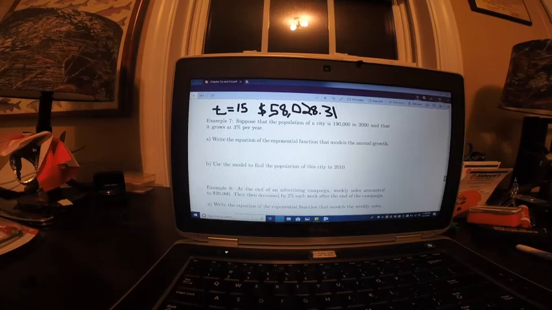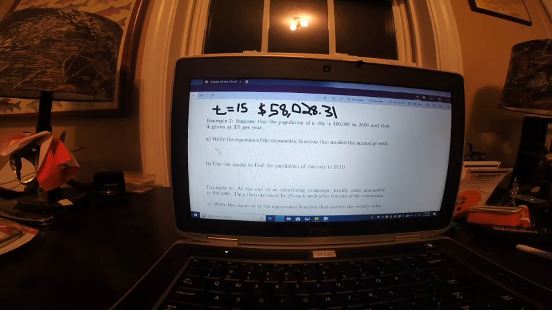Example 7 says, suppose that the population of a city is 190,000 in 2000 and that it grows at 3% per year. Write the equation of the exponential function that models the annual growth. Okay, we can do this. Population of the city is 190,000.